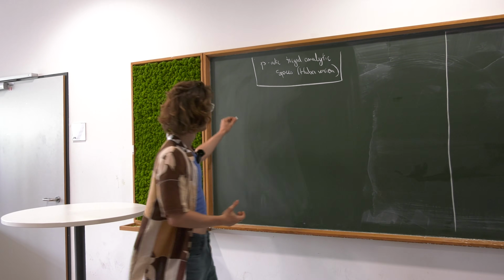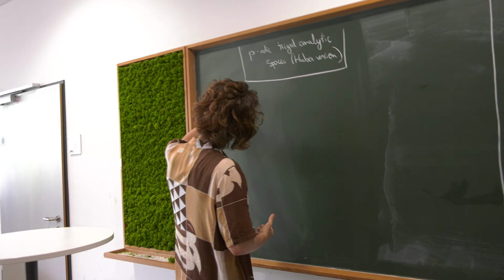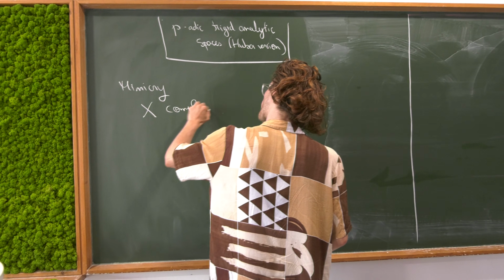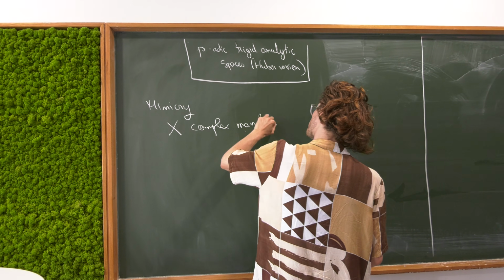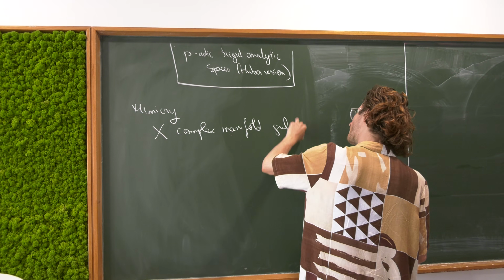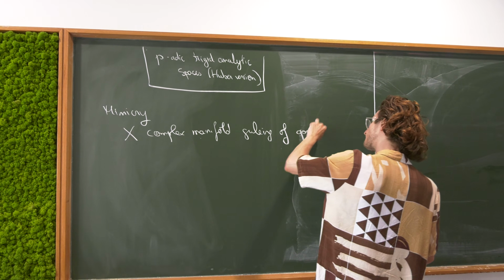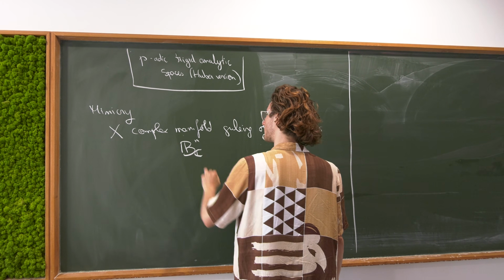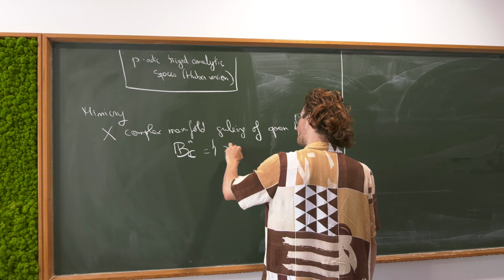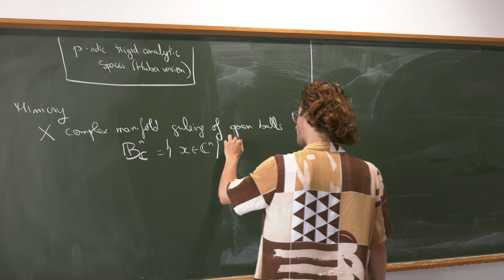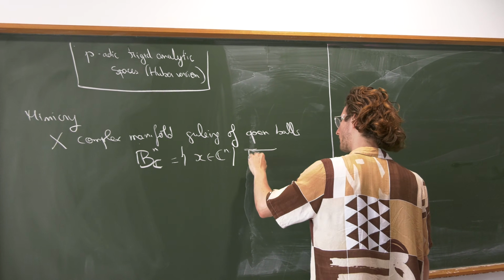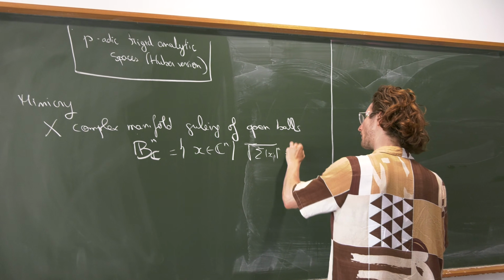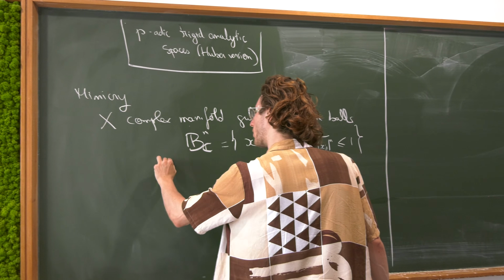Basically the idea is to mimic the following fact: a complex manifold is a gluing of open balls, so that we call B^n(C), all the elements in C^n for which the norm is smaller than 1, along holomorphic maps.